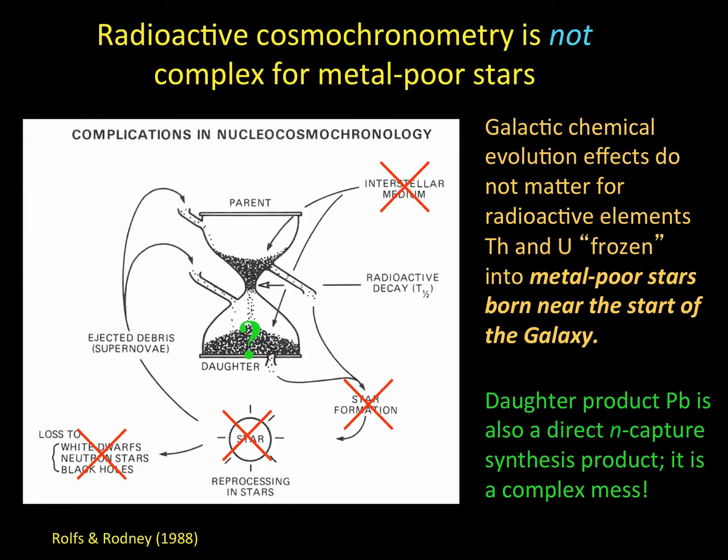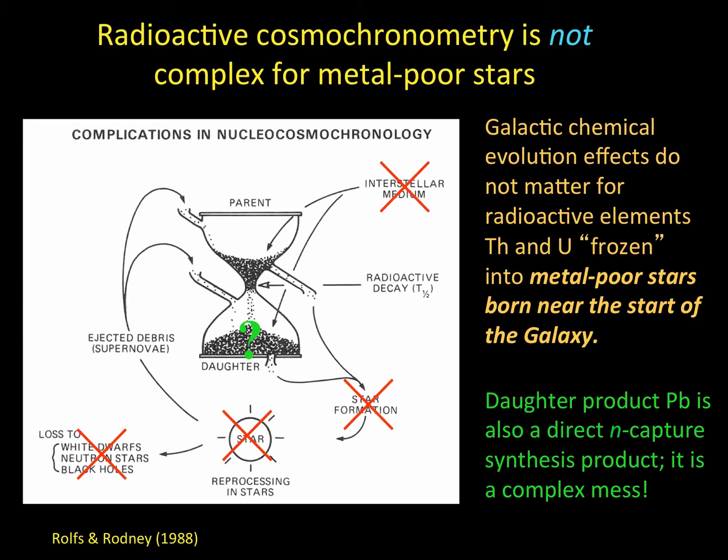The nice thing about using uranium and thorium in a very metal-poor star is that you know only one or a few prior nucleosynthesis events happened. They had to be explosive, otherwise you can't produce elements 90 and 92. And then the clock starts. These elements were created in, let's call it, one supernova or one something else, binary neutron star coalescence, whatever.